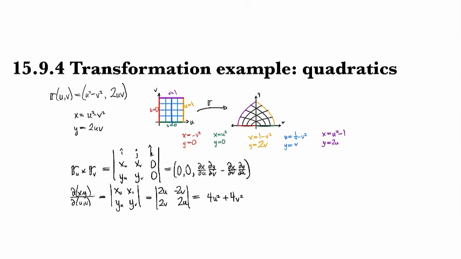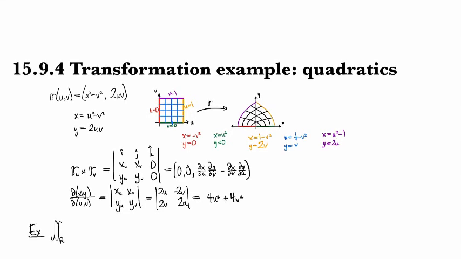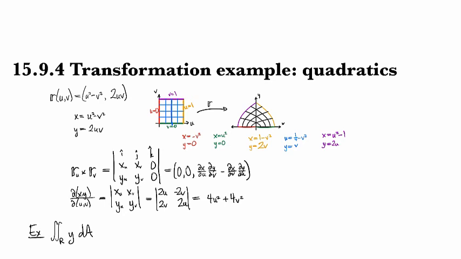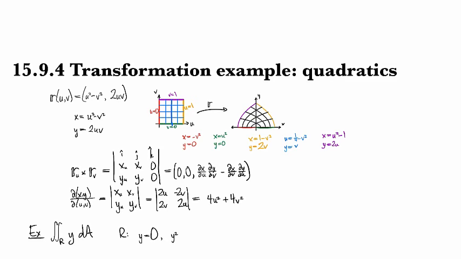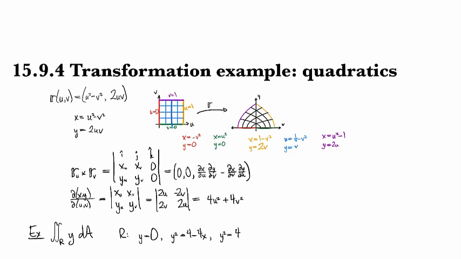All right. So now the integral that we're going to compute with this one is the double integral over the region R of y dA, where R is bounded by y equals 0 and y squared equals 4 minus 4x and y squared equals 4 plus 4x.